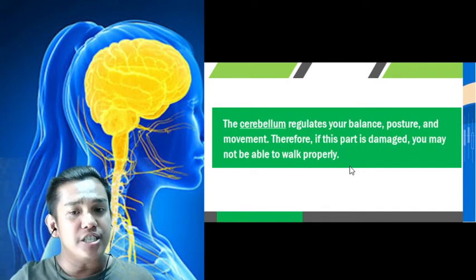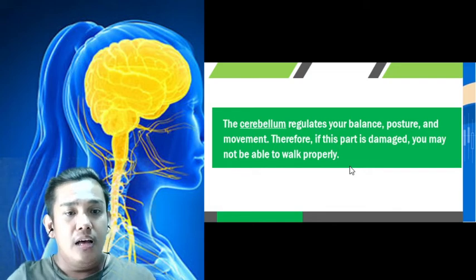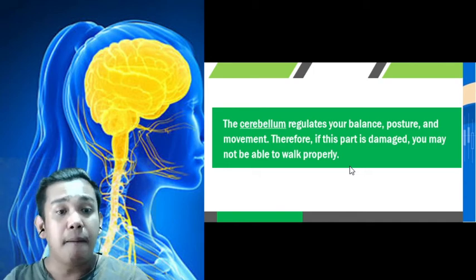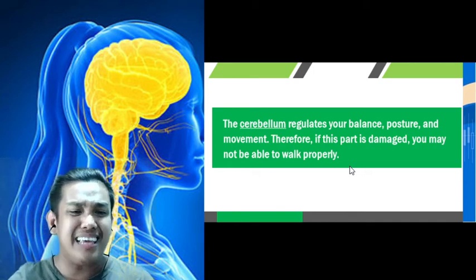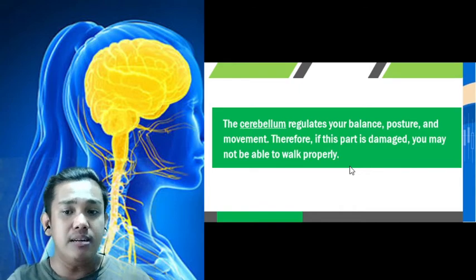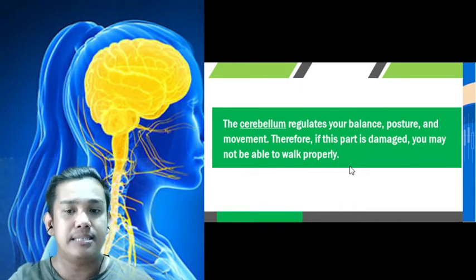The next one is the cerebellum. The first was the cerebrum, the next is the cerebellum. What is the cerebellum? It regulates your balance, posture, and movement.